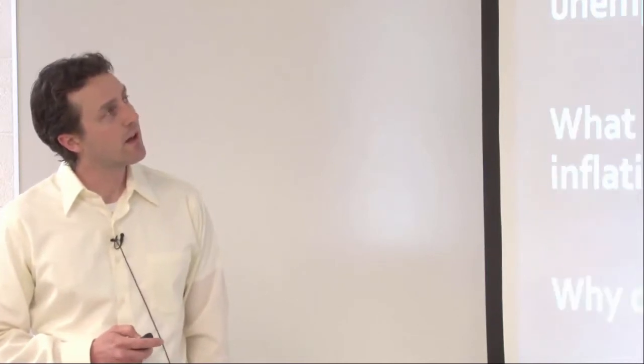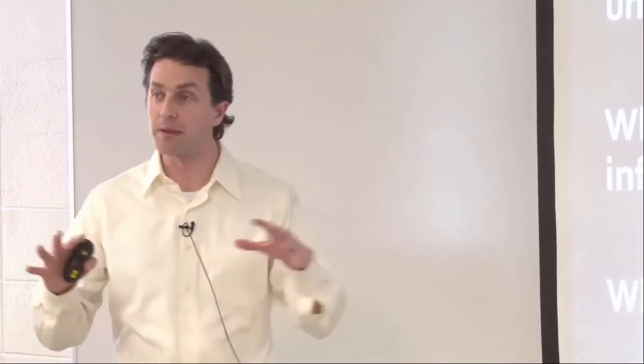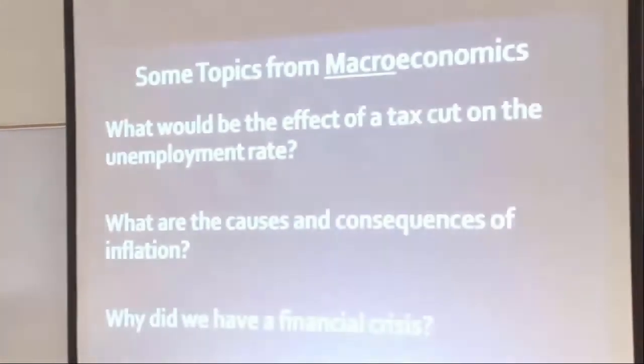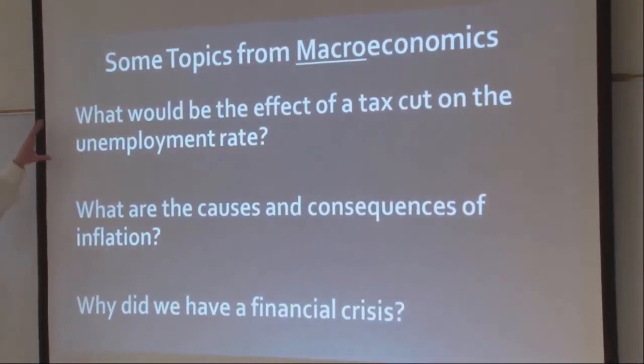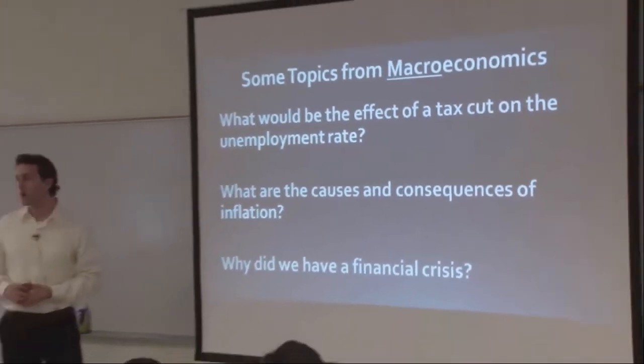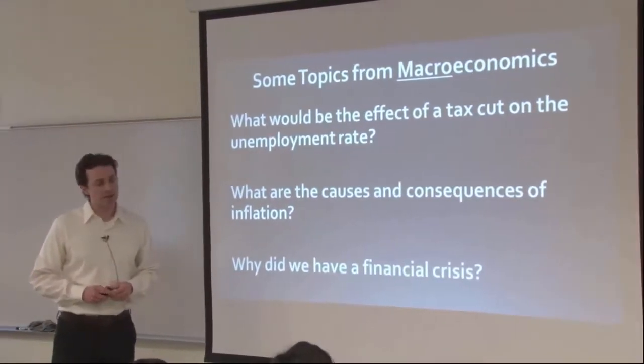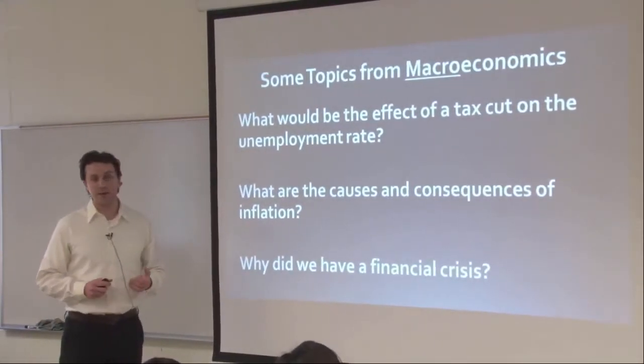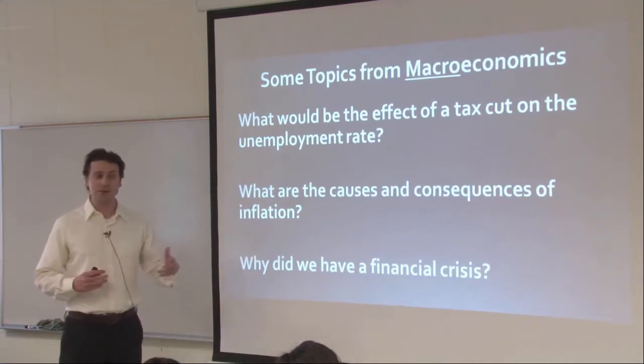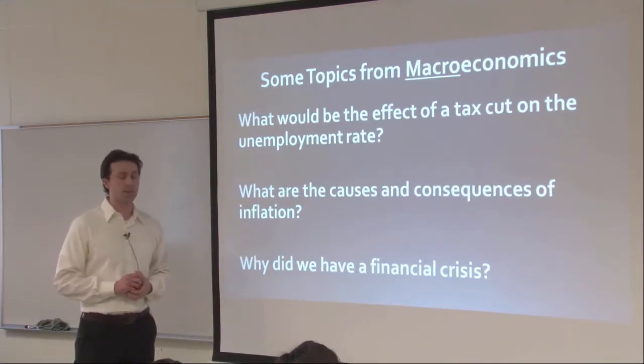Now let's switch to talking about macroeconomics, right? Macroeconomics is thinking about the big picture, how choices that people make affect all of the economy. One topic would be, what would be the effect of a tax cut on the unemployment rate? If there's a tax cut, then people are going to bring in more income. They're not going to have to pay as much in taxes.